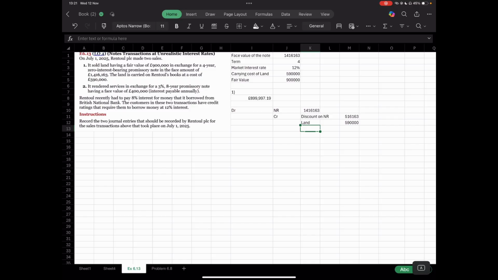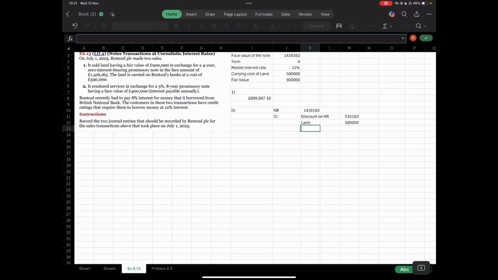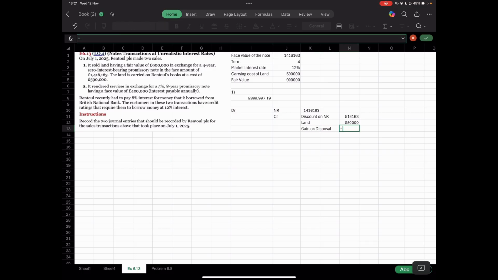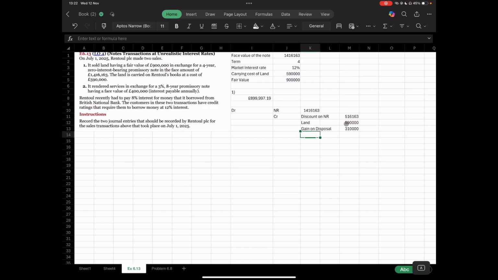So it's basically gain on disposal, 900 minus cost. Here we have the first step done.